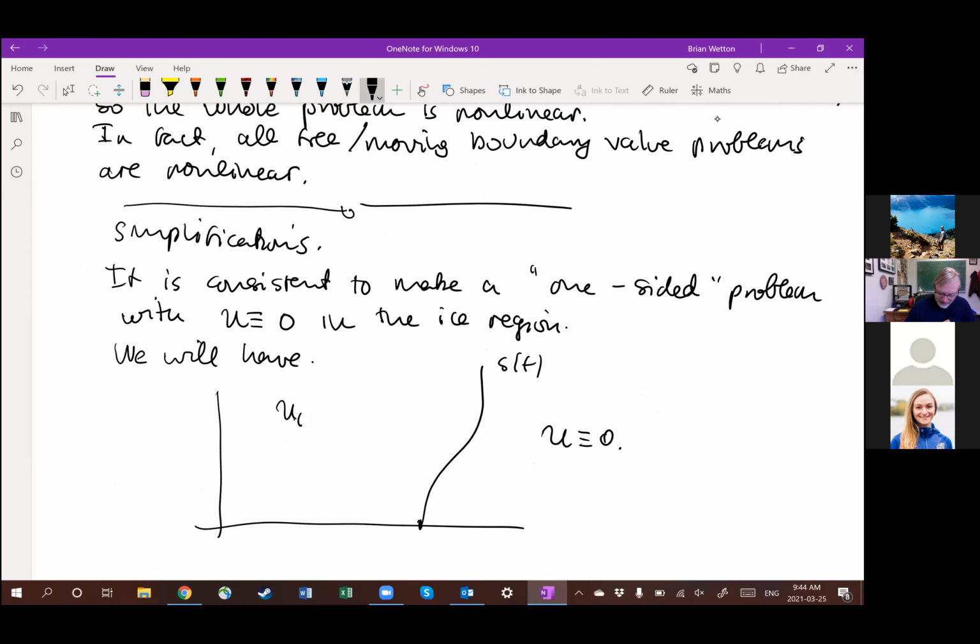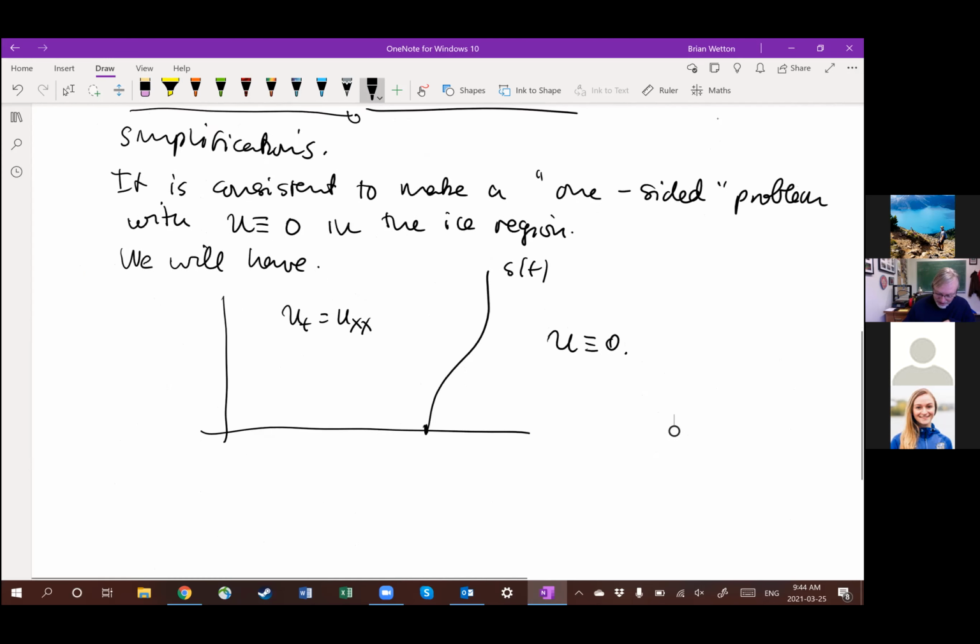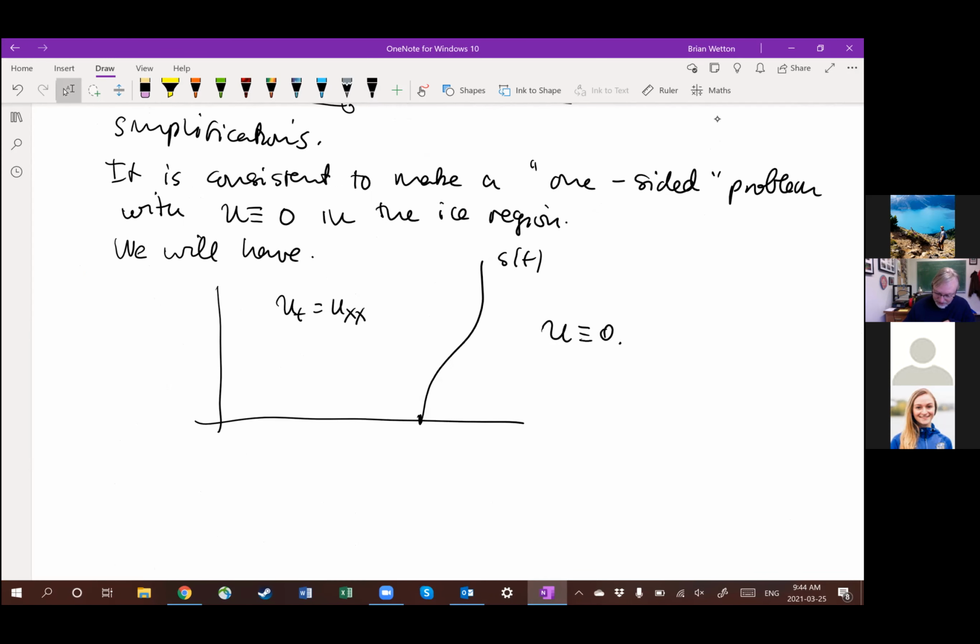I'm going to have the heat equation over here. Well, I'll have initial conditions here that are positive, bigger than or equal to 0, because to be consistent, they should be 0 at this point. And then on this boundary, I'm going to have U equals 0. There's only one U now.